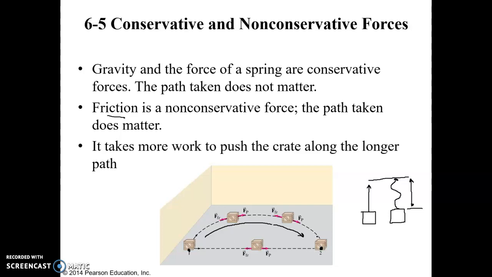And the reason is because as you push the crate along the floor, friction is working against you. Friction is doing negative work, which you have to do positive work to cancel out. And the longer you push it along the floor, the more of that friction force you have to overcome.